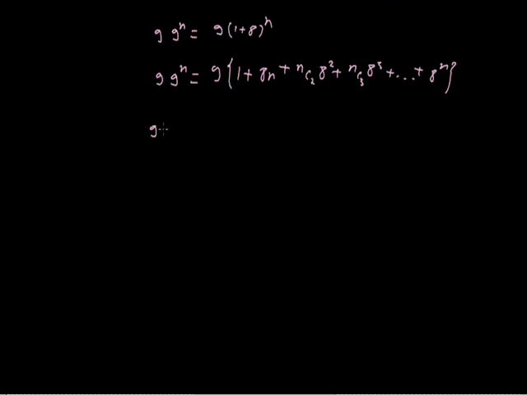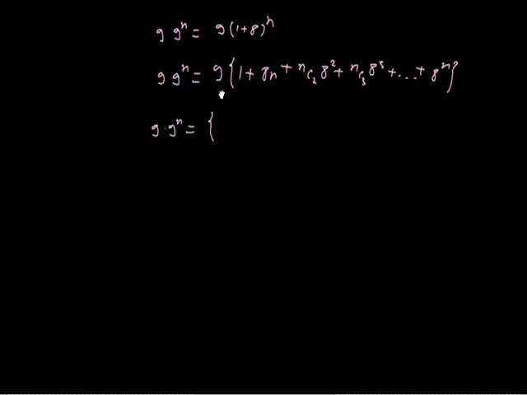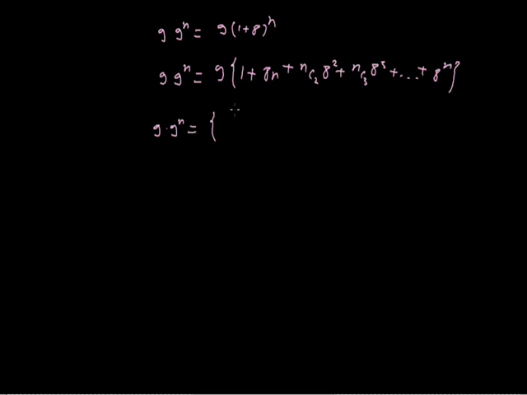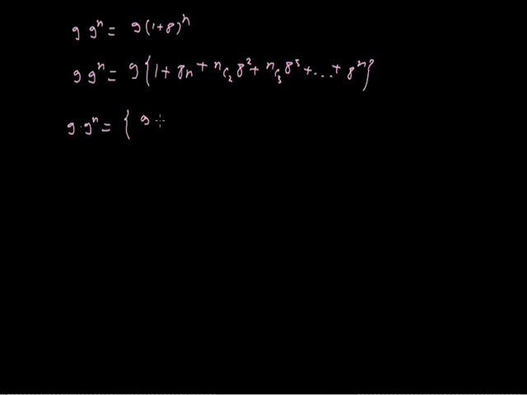Now 9 into 9 to the power n, we can multiply this 9 into the whole expression. So it is 9 plus 8 square n plus 8n plus 9 nc2 8 square plus up to 9 8 to the power n.